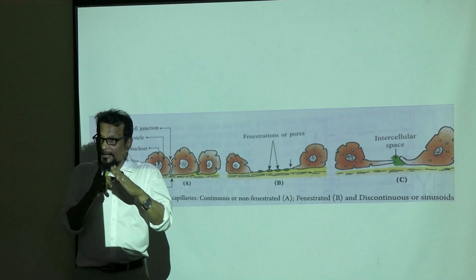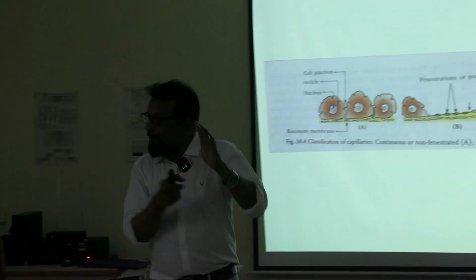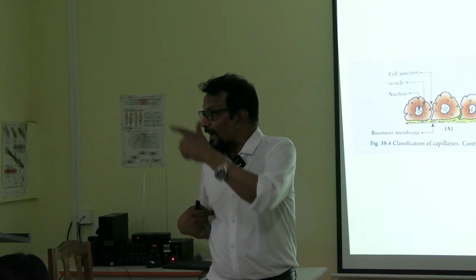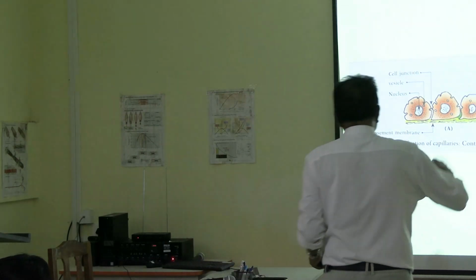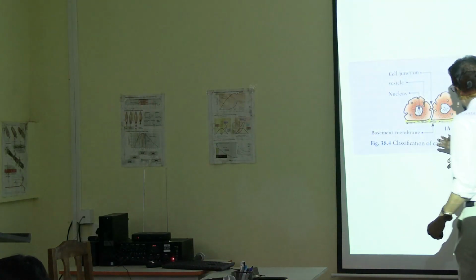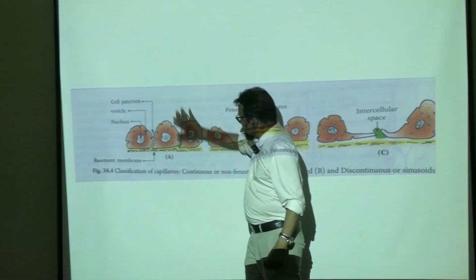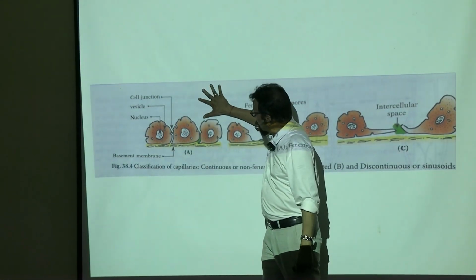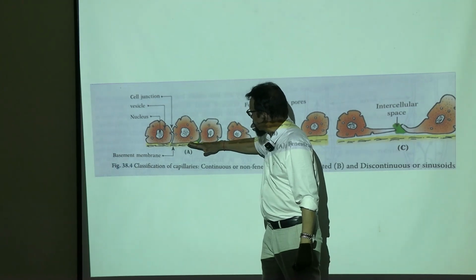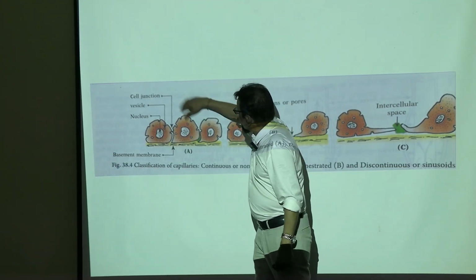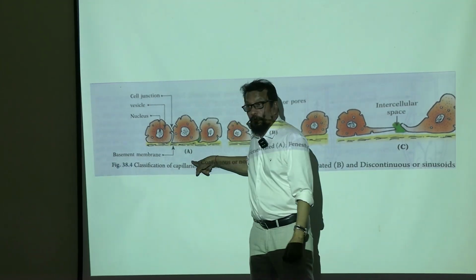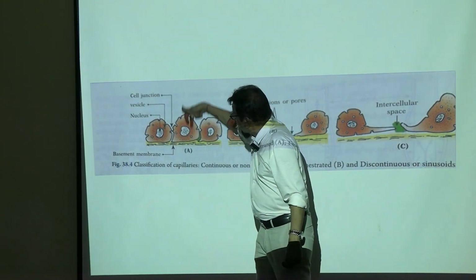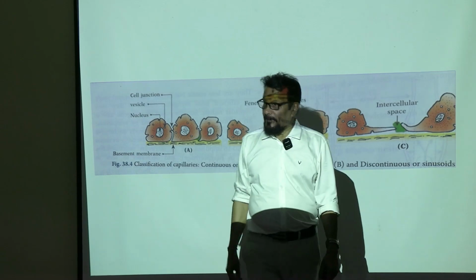Now there should be exchange through this wall, between the body tissues and the blood. Here it is the blood, it is the wall. Now the contents of the blood have to come to the tissue cells, so they have to pass through this endothelium. How will it pass?